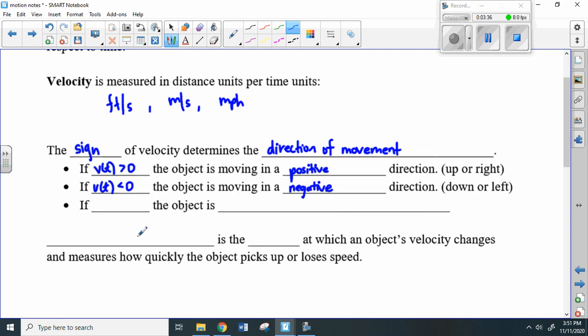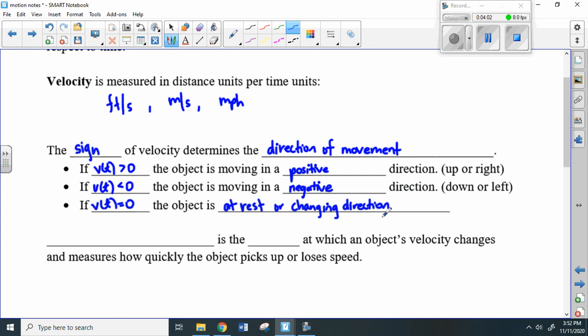Okay. And then keep in mind that if velocity is equal to 0, the object is at rest, or sometimes we say that that's the same thing as when it's changing direction, but it only changes direction if the sign changes.